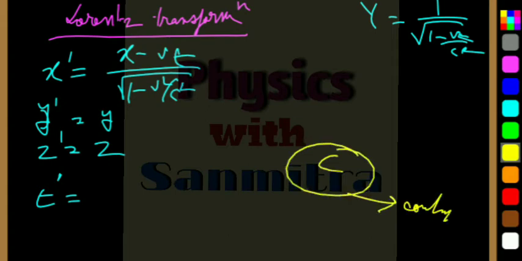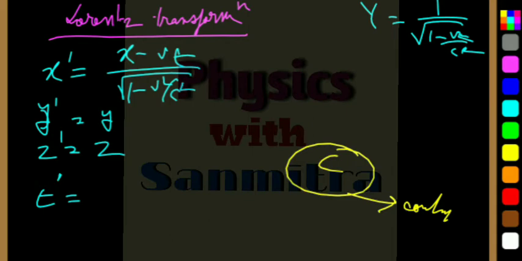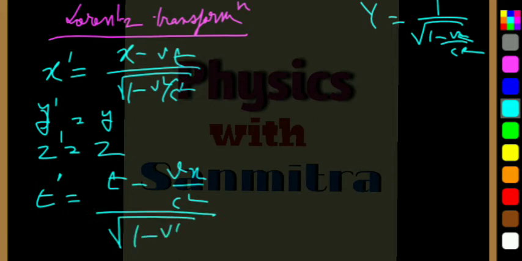So to adjust that, the length and the time will be changing. So time is not absolute. That is what we learned in classical physics, but here time will not be absolute. This time t dash will be t minus vx by c squared divided by root over of 1 minus v squared by c squared. I have not derived it, but you can check the derivation in any book if you want to.